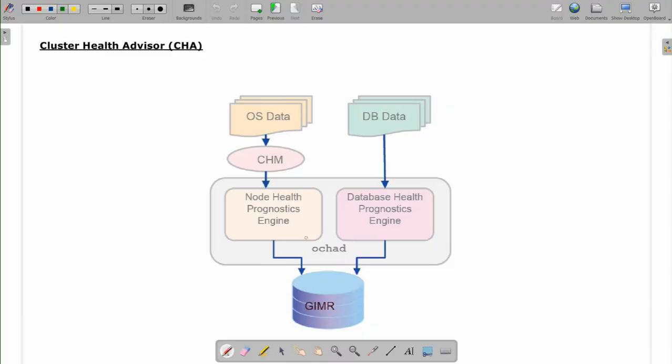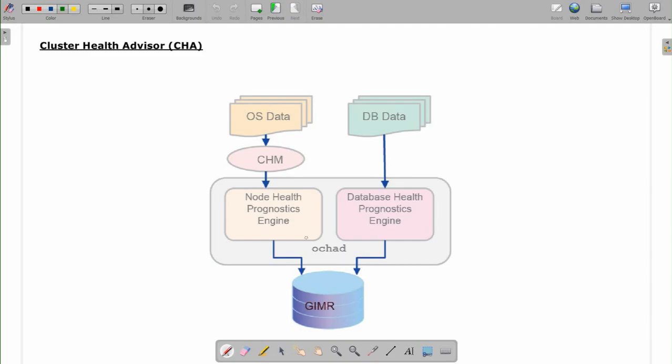What it does, cluster health advisor, it continuously collects statistics from OS level, from database level, and then compares with predefined common problems.